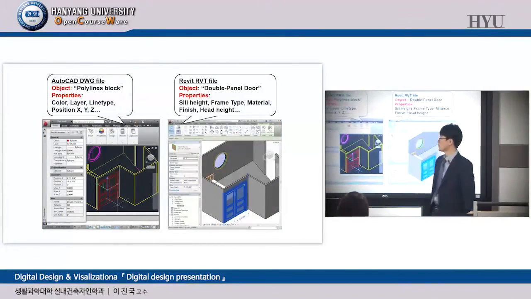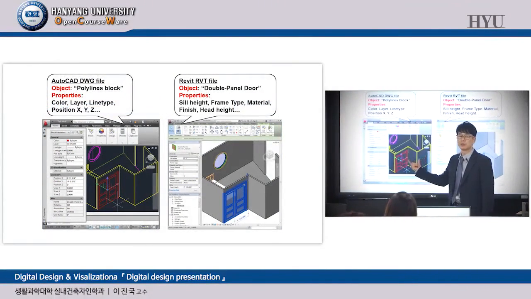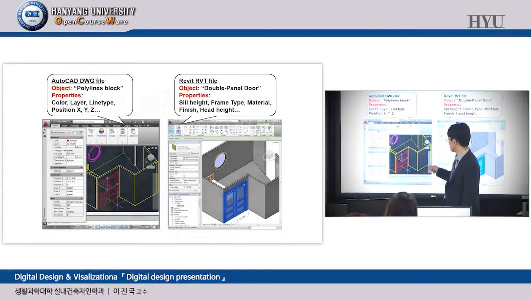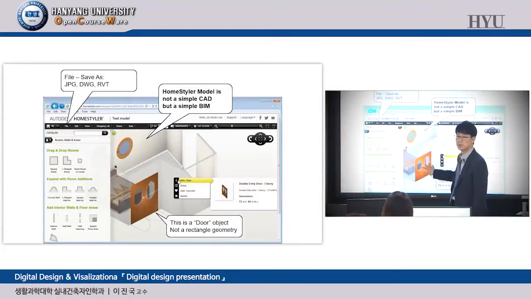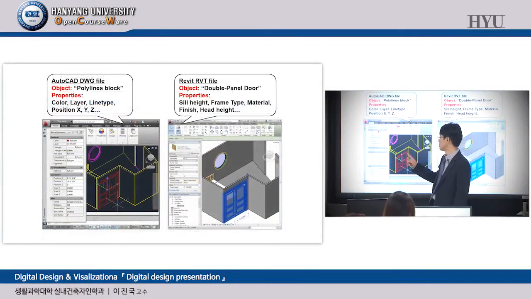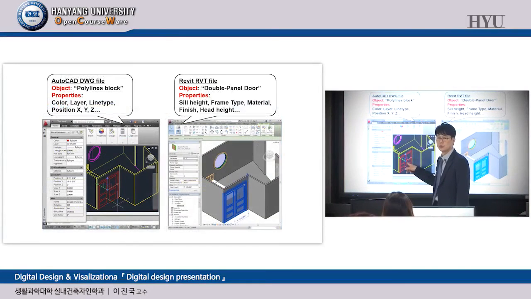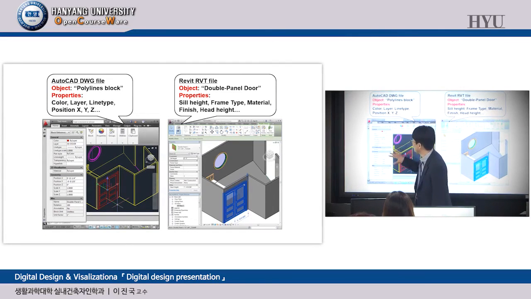You can extract geometry into a DWG CAD file. If you load that CAD file, the same model, okay, this simple design can be extracted to AutoCAD. And then you can click this door object. But the problem of AutoCAD is it doesn't know this is a door.